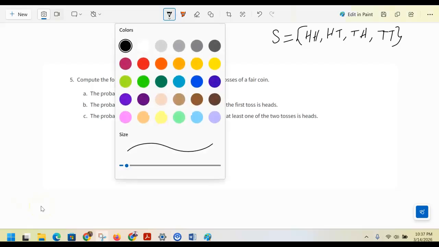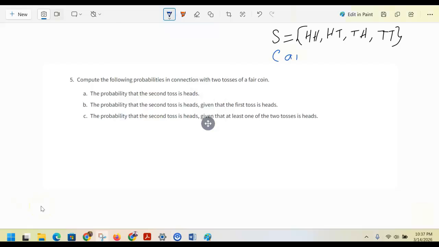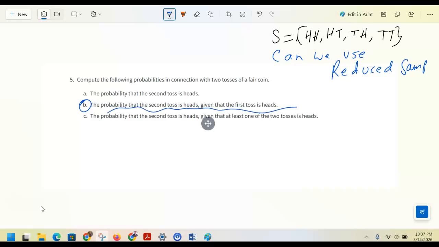Or we could use reduced sample space. The question is, can we use it for the second one? So how do we use reduced sample space? Probability that the second one is head means second is head when you already know the first one is head.